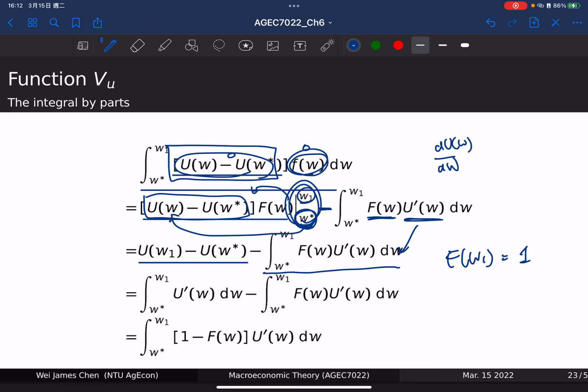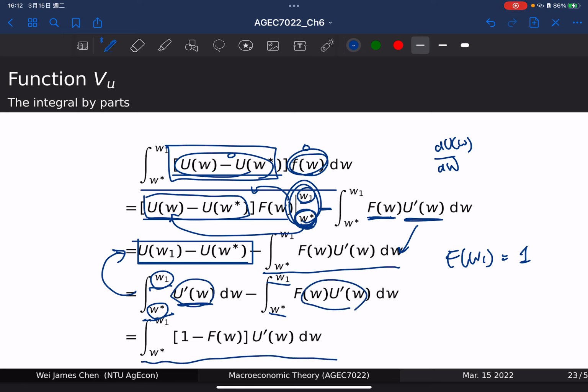The last trick here is to observe that u of w1 minus u of w star is actually equal to an integral from w star to w1 of u prime of w dw. If you don't believe me, just do the integral back and you will see they equal each other. Now I have the same range of integral and I can combine the terms inside.